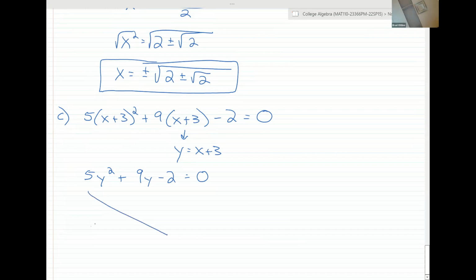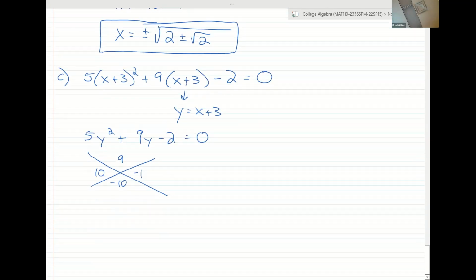This actually factors. Numbers that multiply to negative 10 would be just positive 10 and negative 1. We get 5y squared plus 10y minus 1y minus 2 is equal to 0.